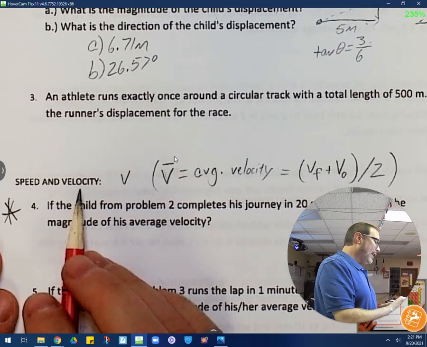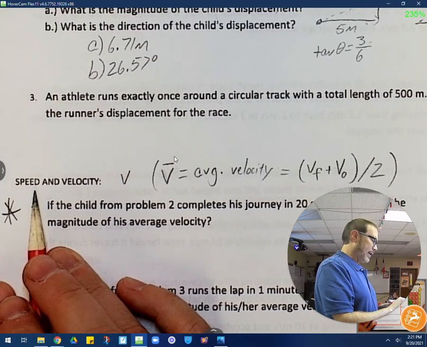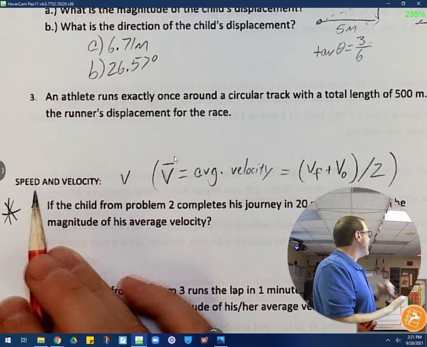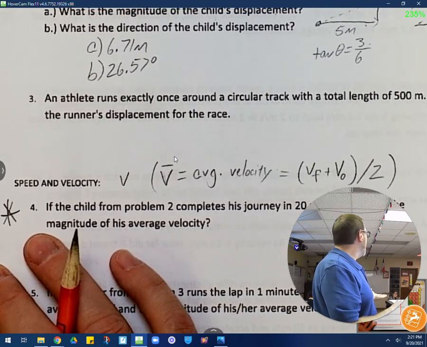Now speed or velocity, either way, you need to know two things. Think about the way we express speed. Speed in your car is measured in miles per hour.